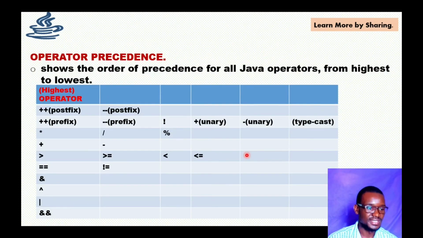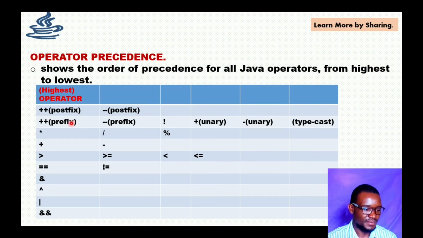Okay, so let's look at operator precedence. What should come first and what should come last. This table right here shows the order of precedence for Java operators from highest to lowest.